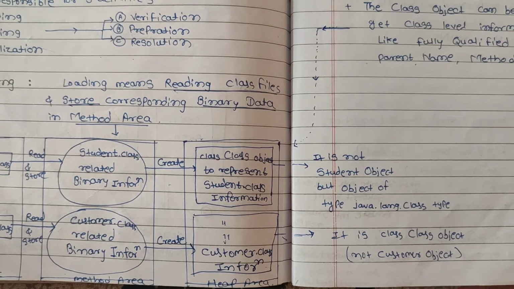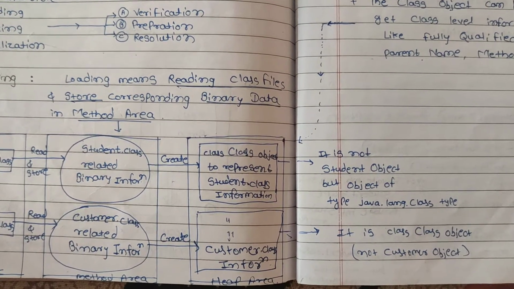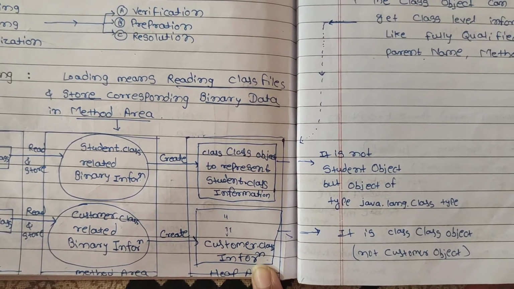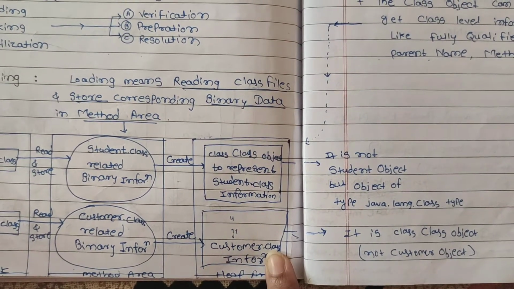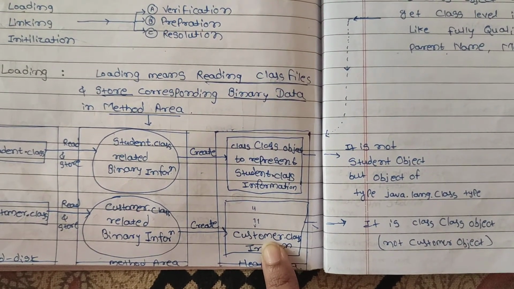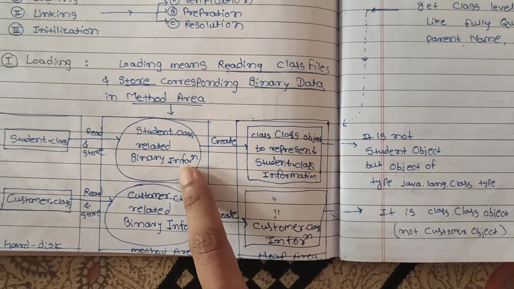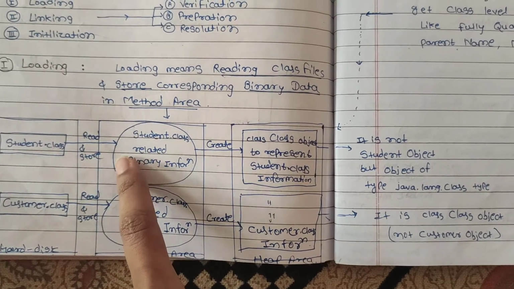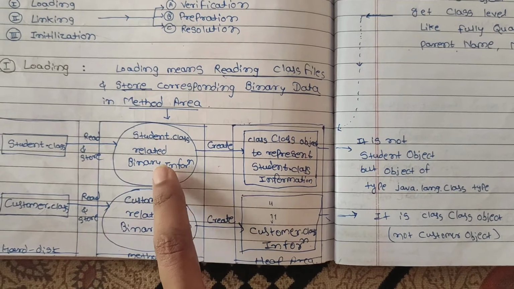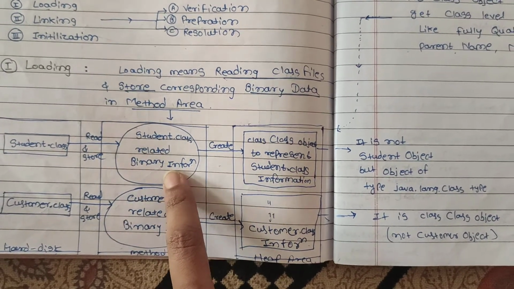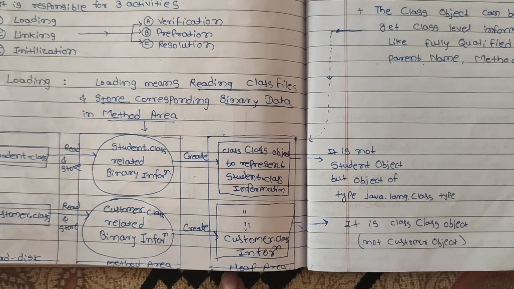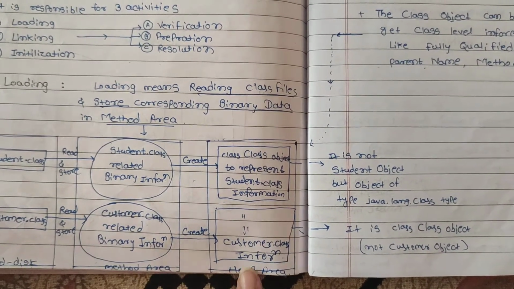It is a class object, not a customer object. All these are class objects. These are to keep information about whatever class we are reading and loading in the memory area related to that class. To keep the record of class level information, we create class objects and store them in the heap area.